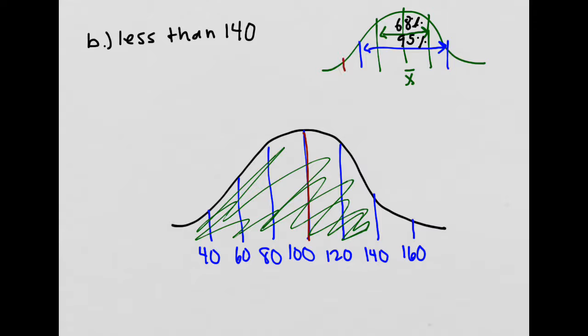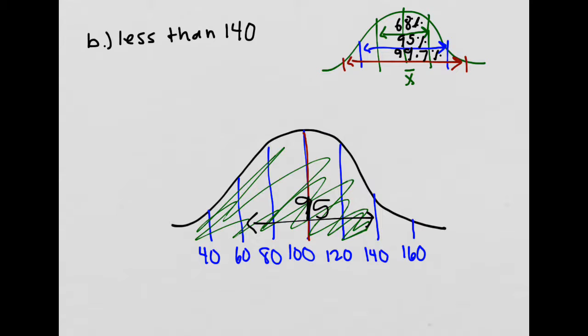And if we go over a third standard deviation on either side, that contains 99.7%. Okay, so we know using the empirical rule that between 2 standard deviations on either side of the mean, that's 95%. So this section right here has 95%.